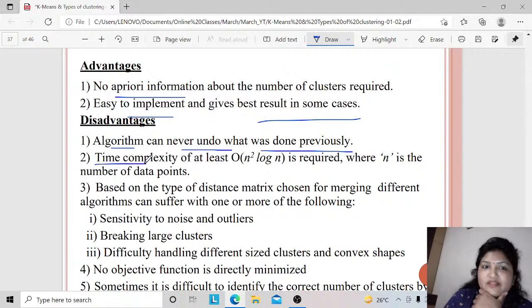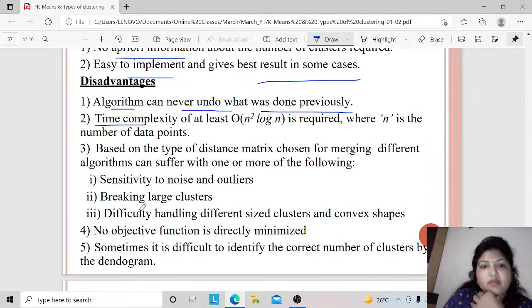Yes, it is a time consuming method, with n square log n complexity if we calculate the complexity of this algorithm. Based on the distance metric chosen for merging, different algorithms can suffer from sensitivity to noise and outliers.